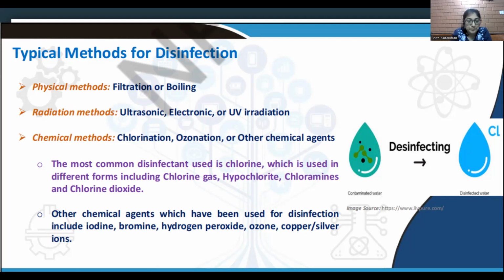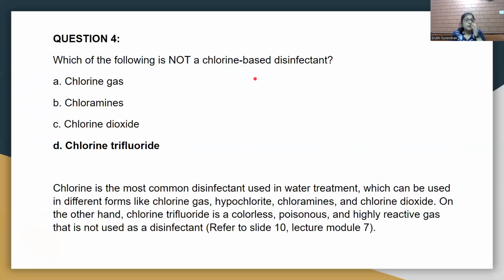So in this question, chlorine trifluoride is not a chlorine-based disinfectant. It is a colorless poisonous gas that is not used as a disinfectant. One of the important topics in disinfection is chlorination.